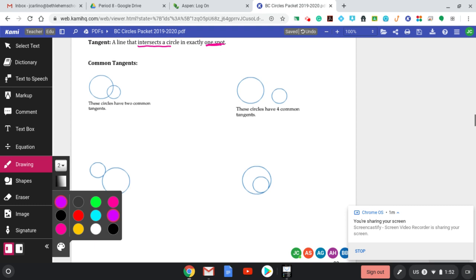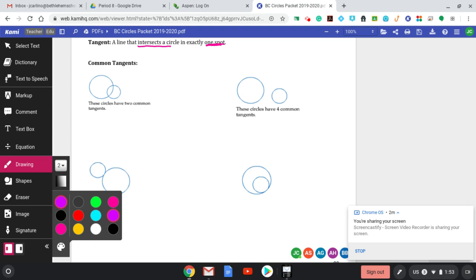We can have what's called common tangents, which are 2 lines or any lines that intersect each circle in exactly 1 spot. So you'll see my 2 interlocking circles here in this first example. I am claiming that these circles have 2 common tangents, meaning I could draw 2 lines that intersect each circle in exactly 1 point.